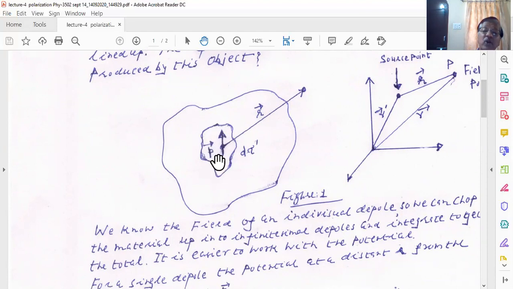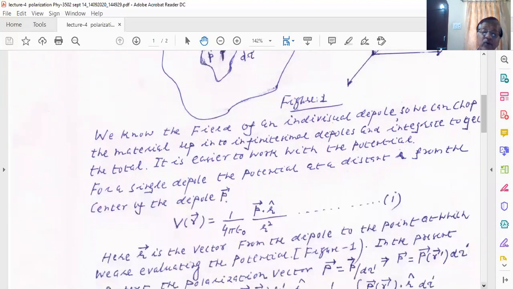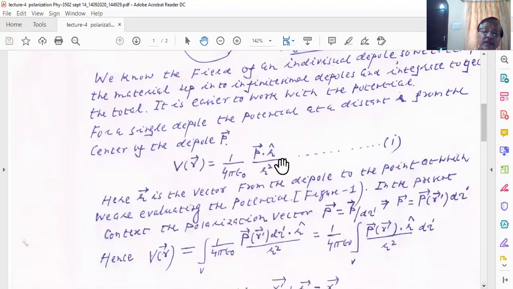This is one volume element, and you have another volume element, because you can divide the entire volume into such small volume elements. So the dipole moment is substituted by vector P d tau prime.